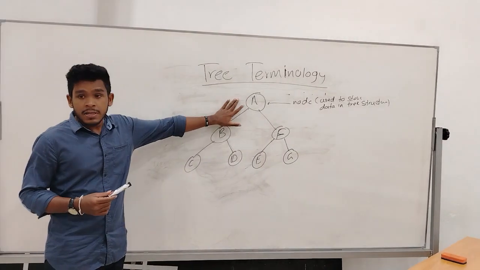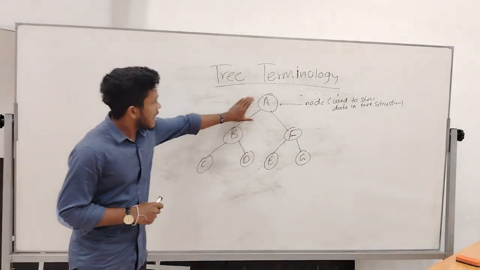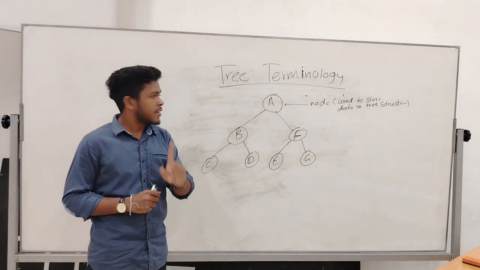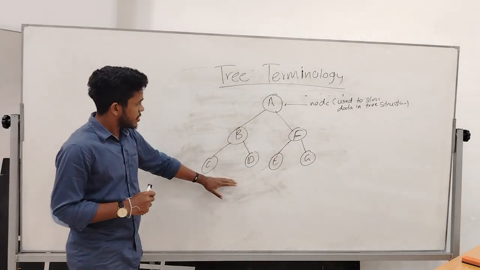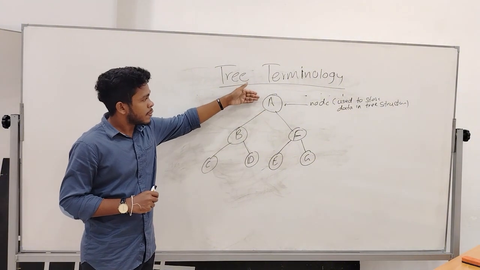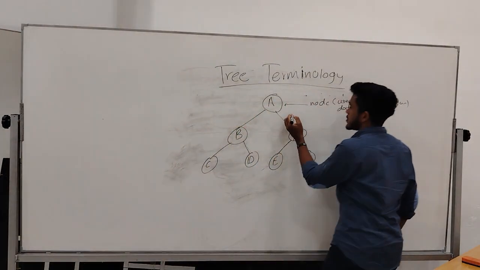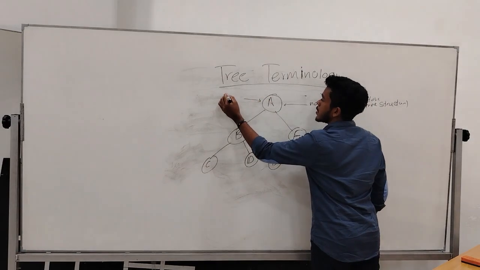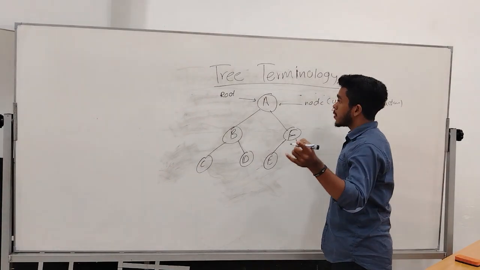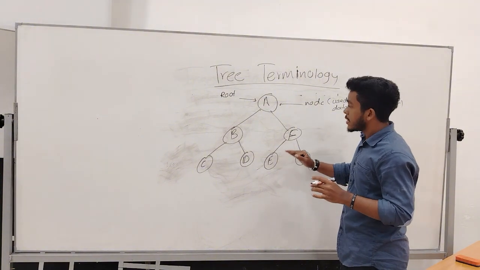The topmost node of the tree, or the starting point of the tree, is called the root node. And in this structure, the topmost one is A, so it is the root node. The topmost node, or the initial point of a tree structure.